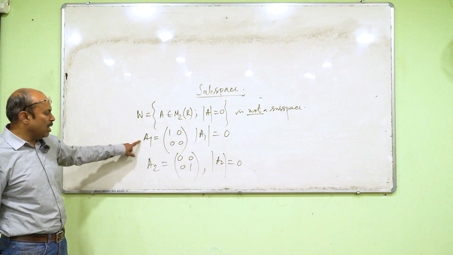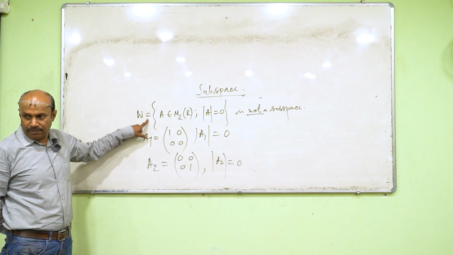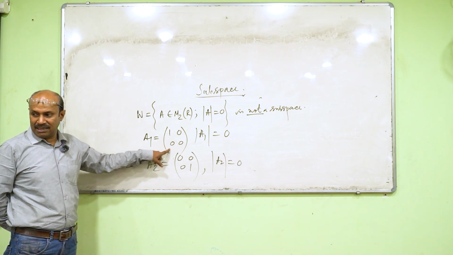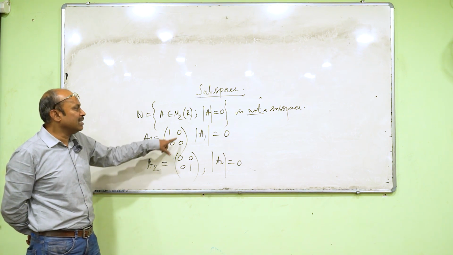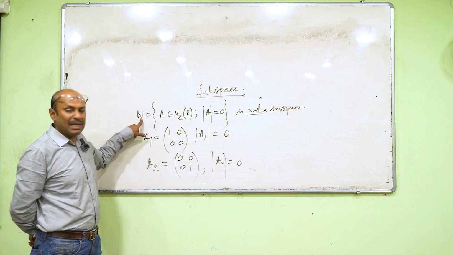That means both A1 and A2 belong to capital W. Both maintain the same order of the matrix and both maintain the condition in capital W.